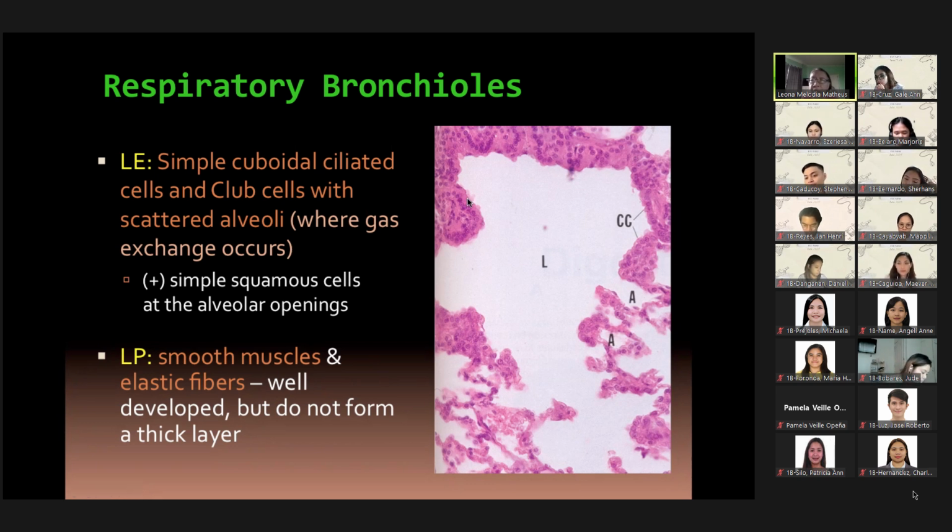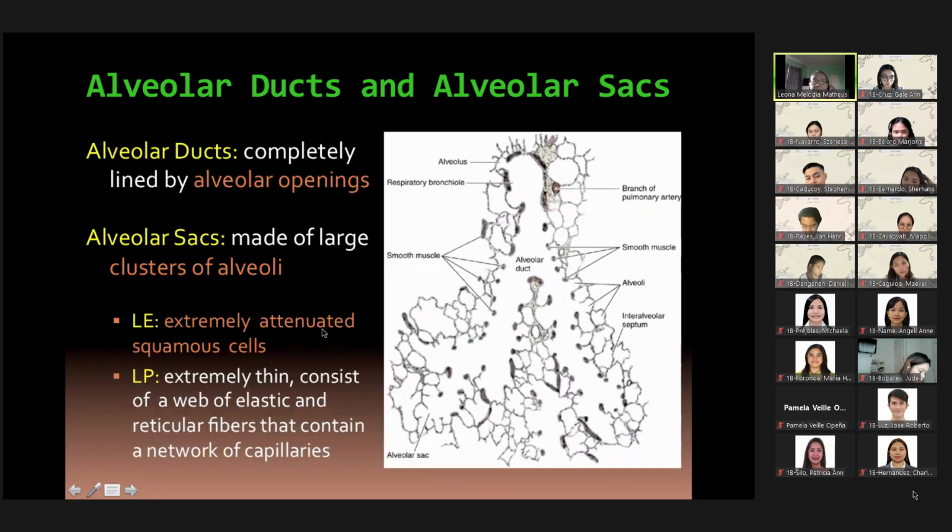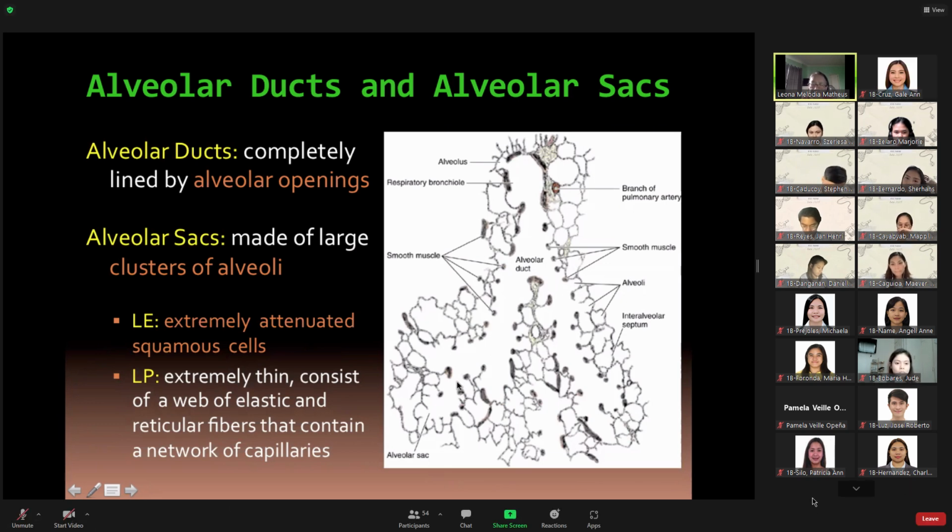As you can see, our structures keep getting thinner. After the respiratory bronchiole, we have in sequence the alveolar duct. A group of alveoli is your alveolar sac, like this one here. And finally, you have the individual alveolus. So what do we have here?